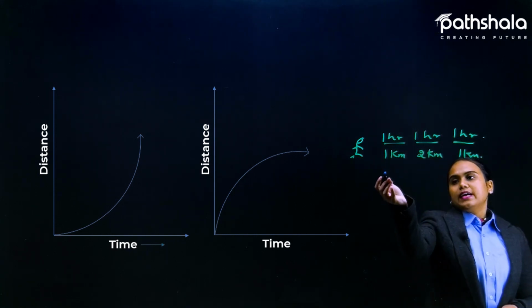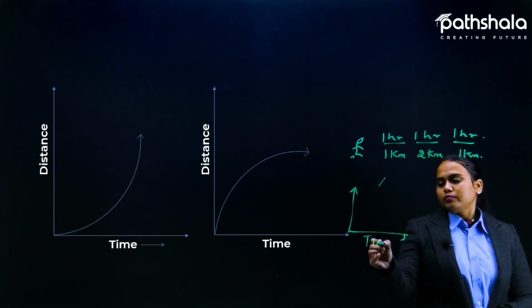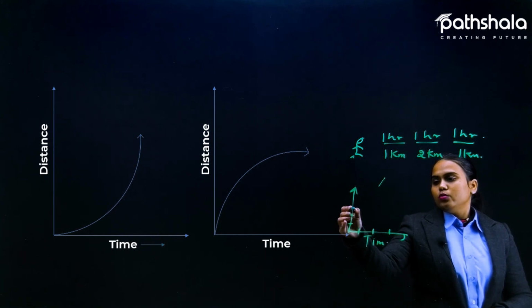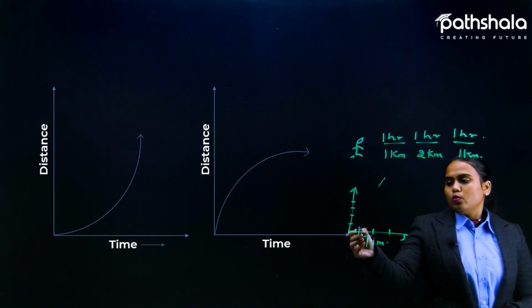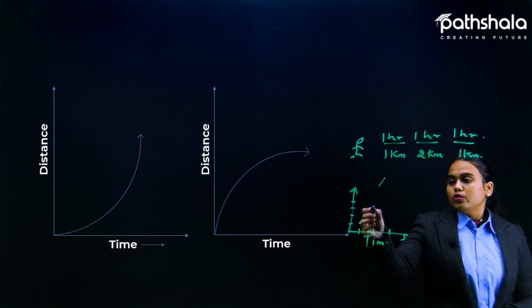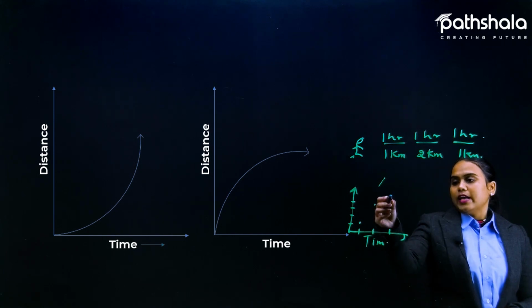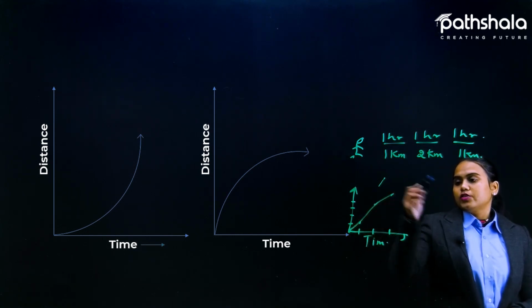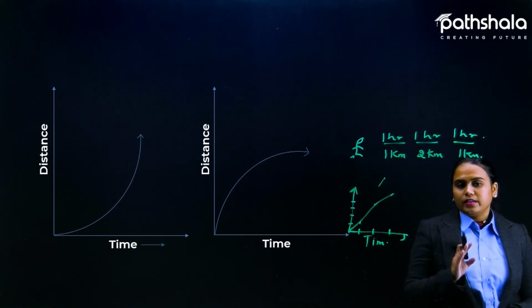Making a graph according to the time, 1 hour, 1 hour, 1 hour, and 1 kilometer, 2, 3, 4, starting from here, 1 kilometer in 1 hour will be here, in the second hour 2 kilometers will be here, and then again 1 more kilometer is here. So it is not a straight line. See, some minor gap is here, some minor tilt is here.